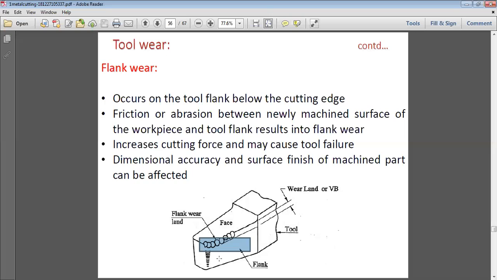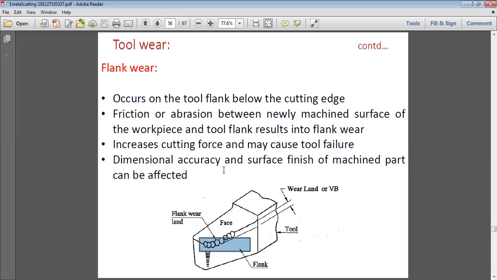Clear? So the newly machined surface starts taking off the flank from this side. It increases cutting force and may cause tool failure.